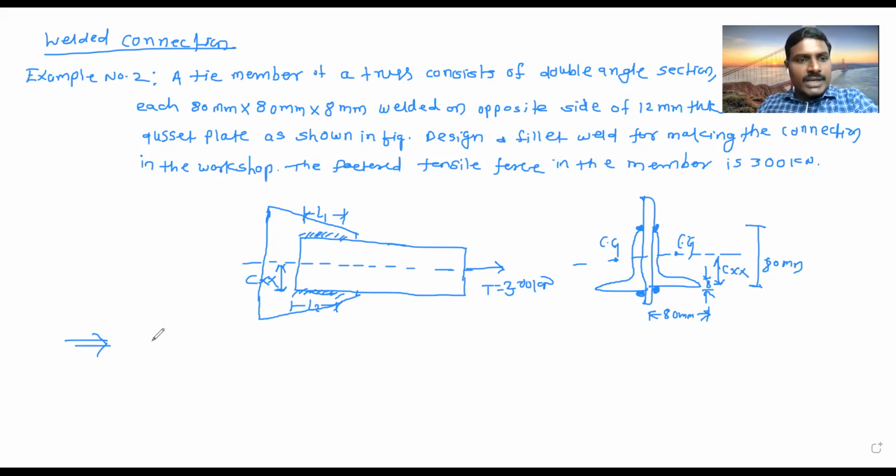They have not given the grade of steel, so we will assume grade of steel Fe410. For this Fe410, the value of fy is 410 Newton per mm square.